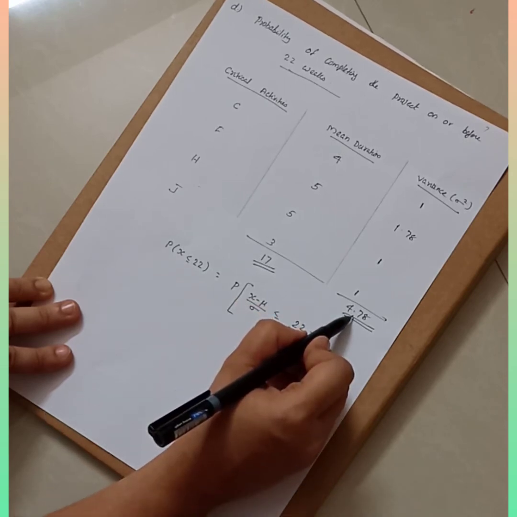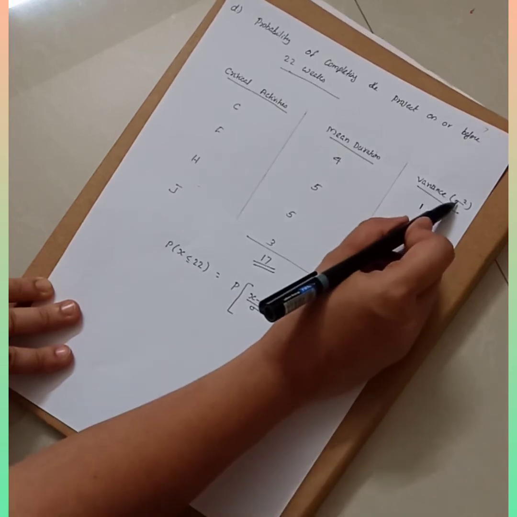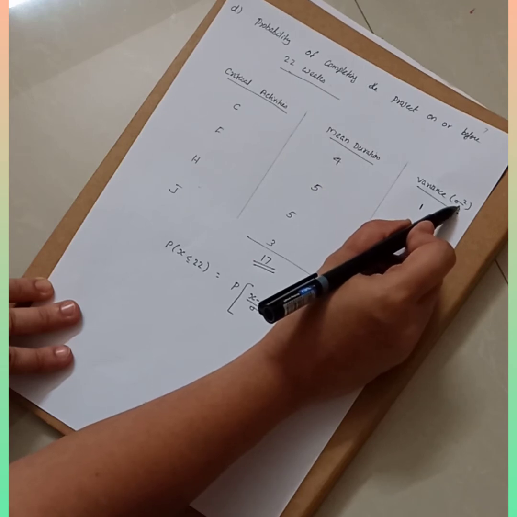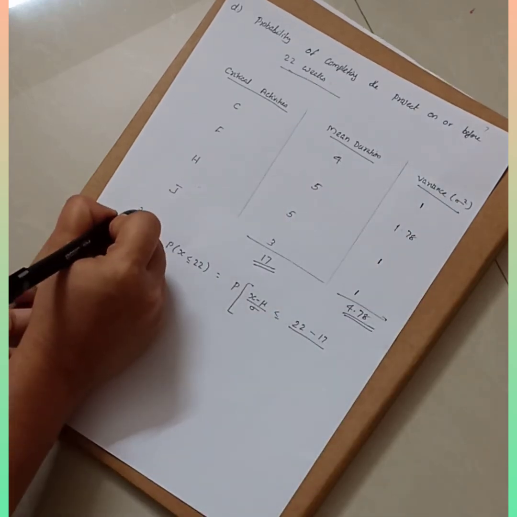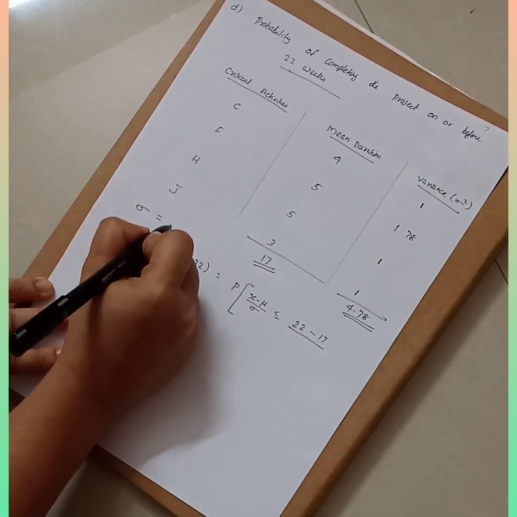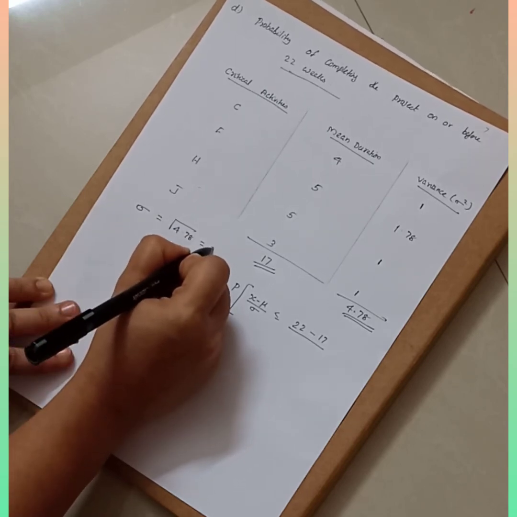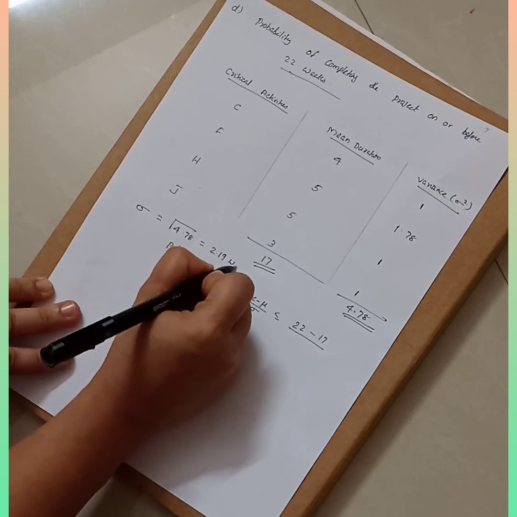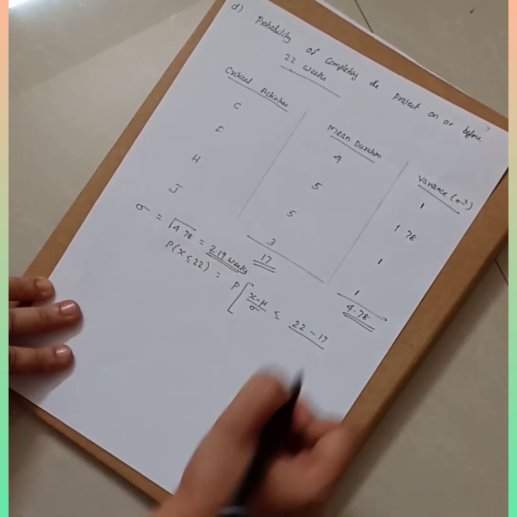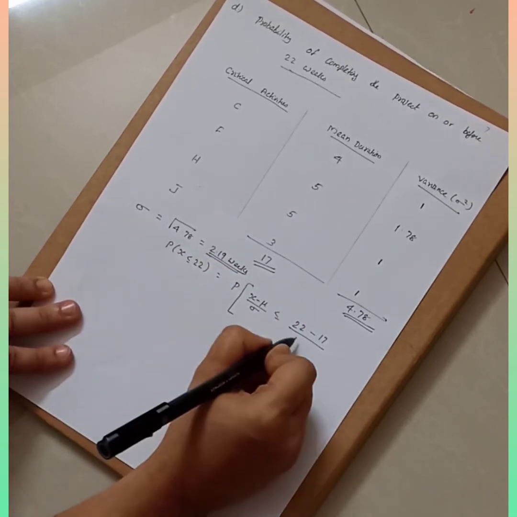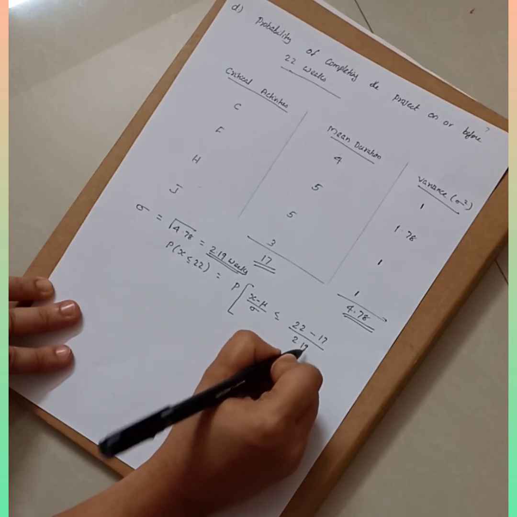Now you don't know sigma. This is sigma squared, so you have to find sigma. Sigma is equal to root over 4.78, so you will get 2.19 weeks.